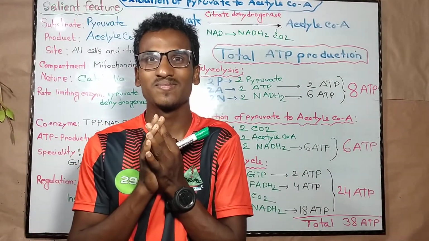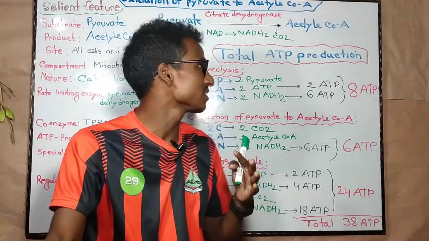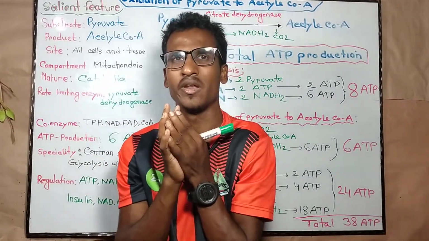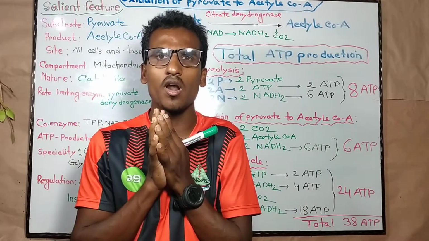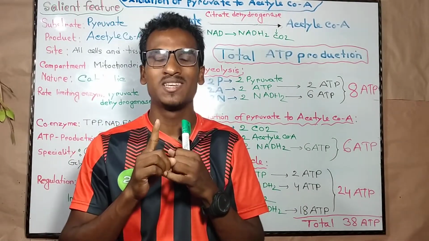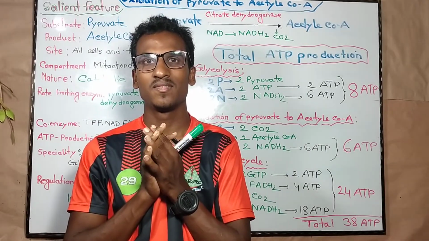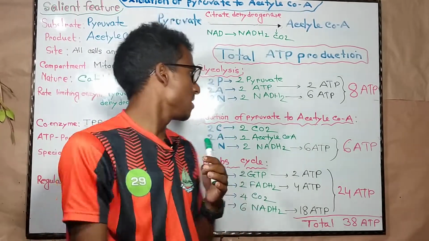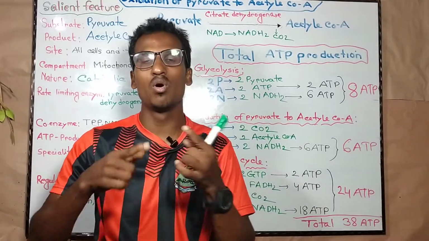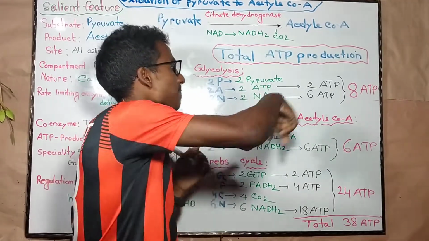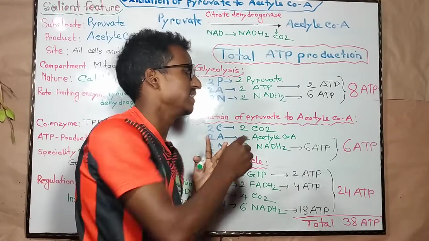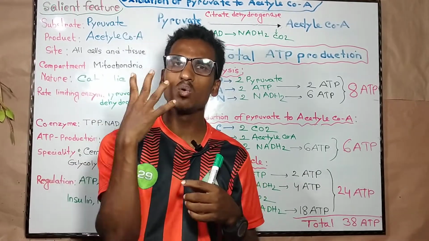Now I am going to discuss the total ATP production in complete oxidation of 1 mole of glucose in the aerobic state. Here I will help you capture the whole production in a few seconds.